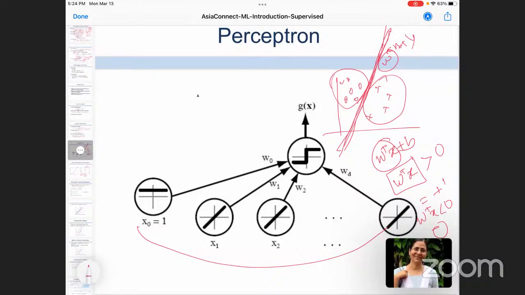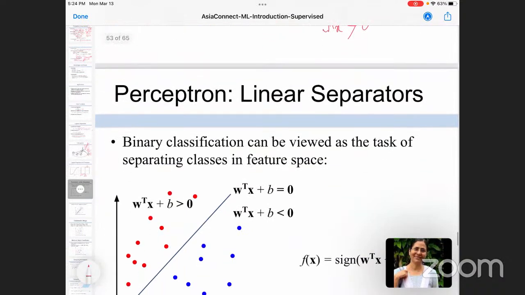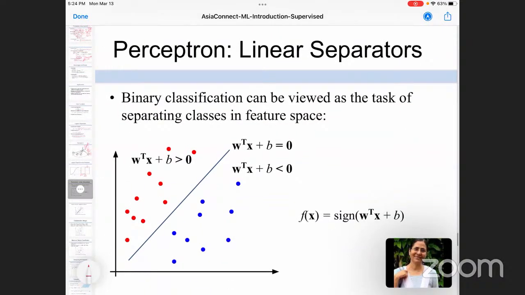So you will use perceptron in many algorithms in deep learning and many other things. But here the main purpose is to motivate you for support vector machine. So this is one linear separator. As I said, there are two classes. One is red, you can say it's positive. Another is blue, you can say it's negative.